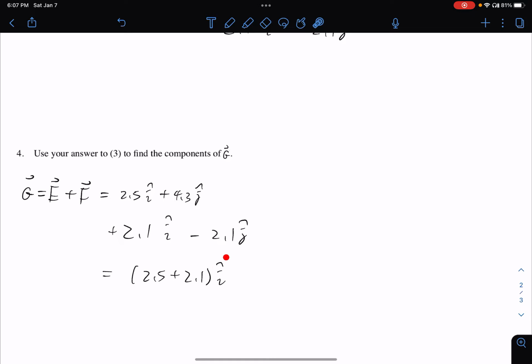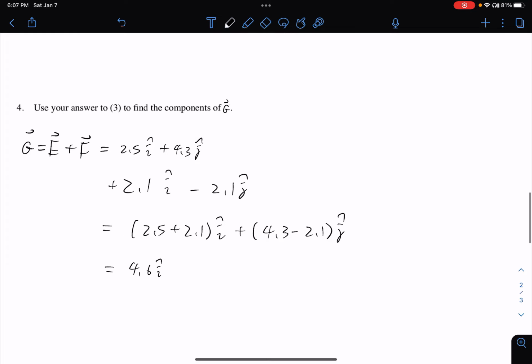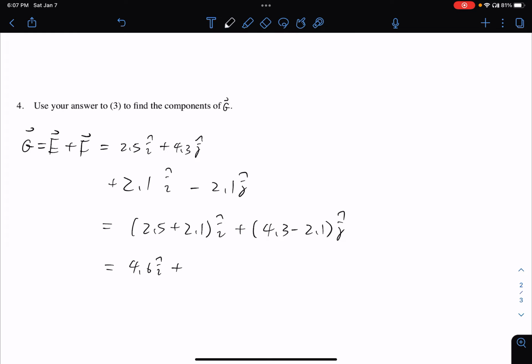Then the I component of G vector will be 2.5 plus 2.1. Like this, the J component will be 4.3 from the E vector minus 2.1 from the F vector. So we get that G vector will have 4.6 unit in I direction and 2.2 in the J direction.